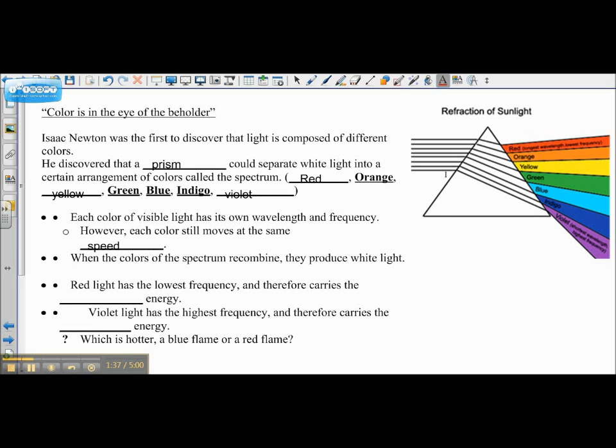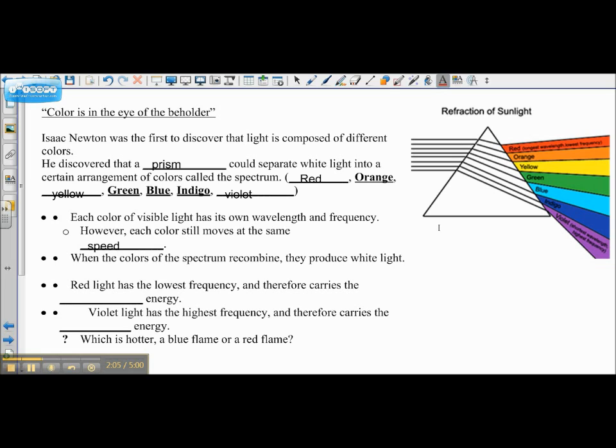What happens to create this rainbow effect with a prism is that red light has the lowest frequency, so it has the longest wavelength. So it does not bend as much because as being a longer wave, it's not affected by all these particles as much. Whereas down here, since the wave is really, really tight, the particles inside the prism affect it a lot more, bending it more.